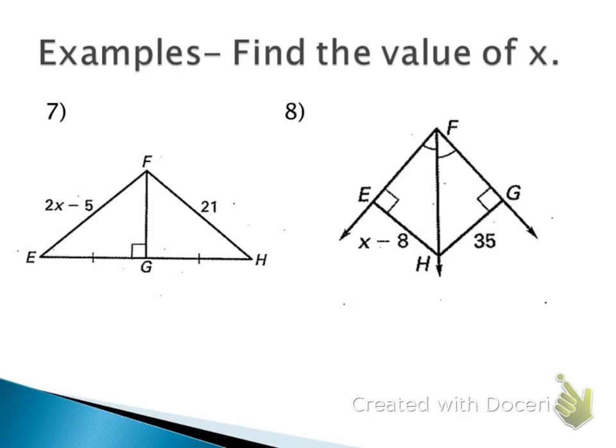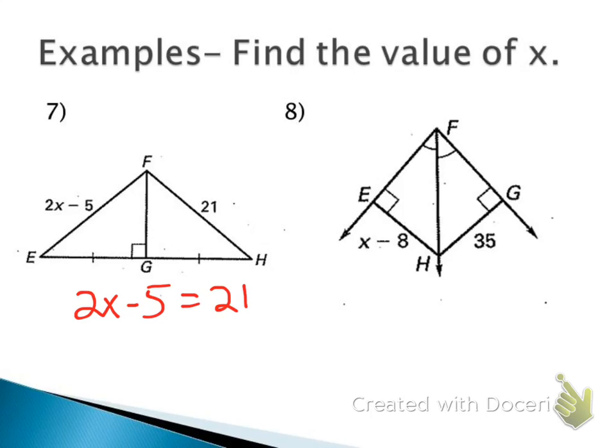All right, here's the last two that I want to do. In your notes, you can just write the equations. I think you guys have enough diagrams by now. You can sort of see the pattern. So let's just set the equations up together and solve. What's the equation I'm going to need on number 7? 21 equals 2x minus 5. Good. 2x minus 5 equals 21, or you can do 21 equals 2x minus 5.